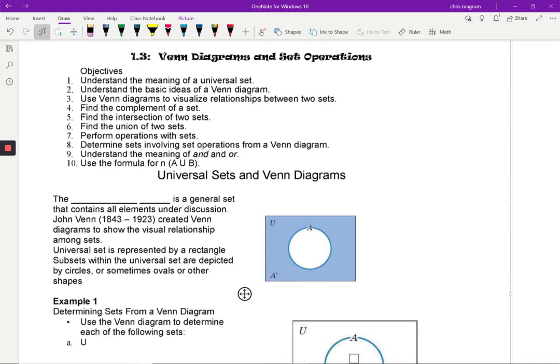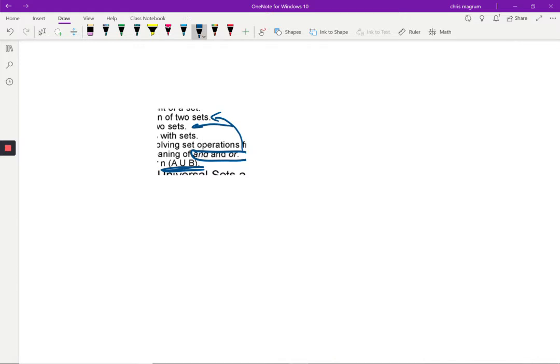Determine sets involving set operations from a Venn diagram, and then understand the meaning of "and" and "or." And guess what? These words go along with the two things I mentioned up here, the intersection and the union. And then we want to use the formula for the number of elements in a combination of sets. That'll be the last part when we get there.